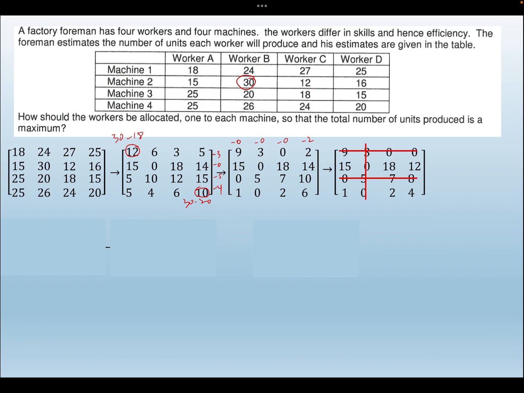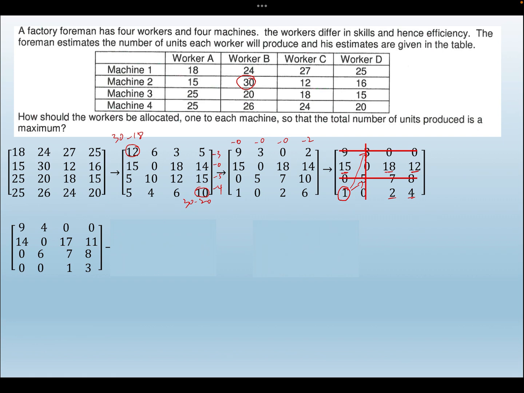So let's have a look at the smallest number among the uncovered elements, which is 1. So we subtract 1 from everything which is uncovered, and then add 1 to the two numbers which are covered by 2 lines. This is the matrix that we get.